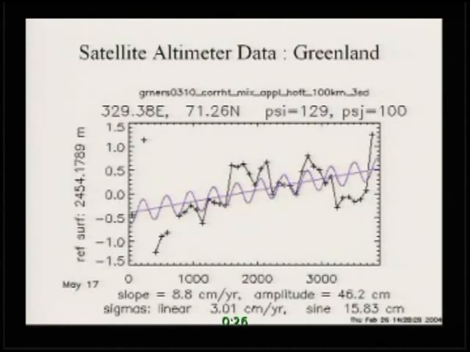And here are the data you got. Point here, point here, point here. All the crosses are data. And they will try to find a trend, because this is the game in town. That is global warming. If I can find a trend in the data, then I can say, aha, the globe is warming. Look, here is a trend.